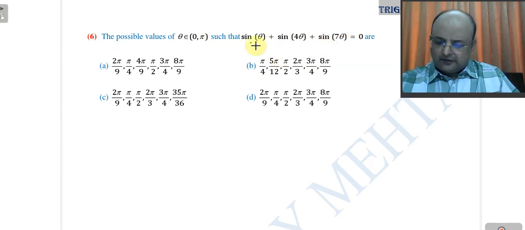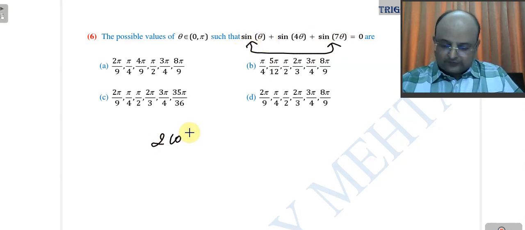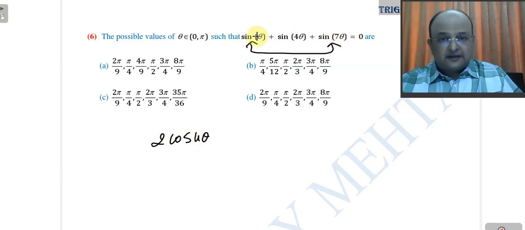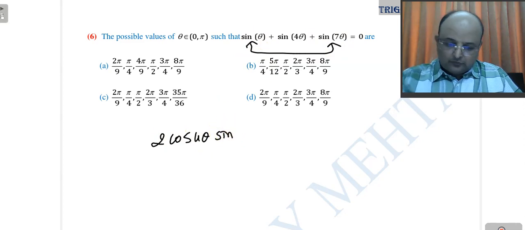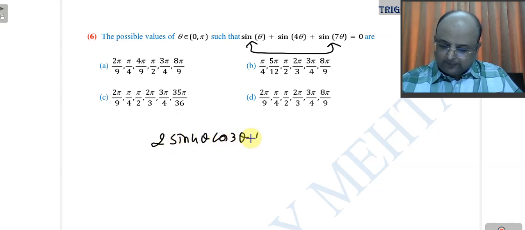If I combine first and last, it will be s plus s, that is 2 cos: this plus this, that is 8 theta by 2, that is 4 theta, and this minus this, that is 6 theta by 2, that is sin 3 theta. Yes, now you tell me. Sin 3 theta, sin 4 theta, cos 3 theta plus sin 4 theta equals 0.